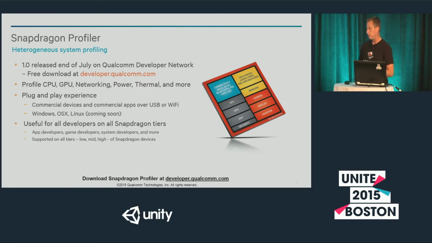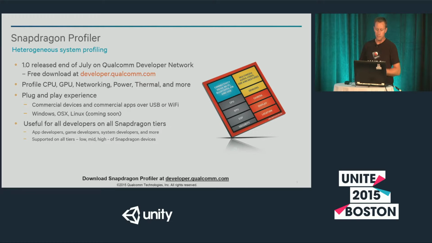We have what we call a plug-and-play experience. What we mean by that is that you can use commercial devices and commercial applications and connect directly over USB and Wi-Fi. You do not need to root your device or do any weird trickery with your device for it to work. We do have support for Windows and OS X. We have a new release coming out soon that'll have Linux as well.